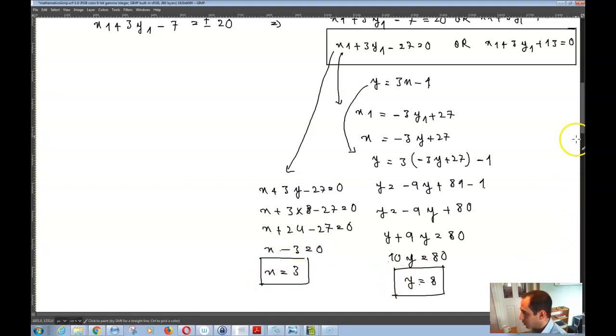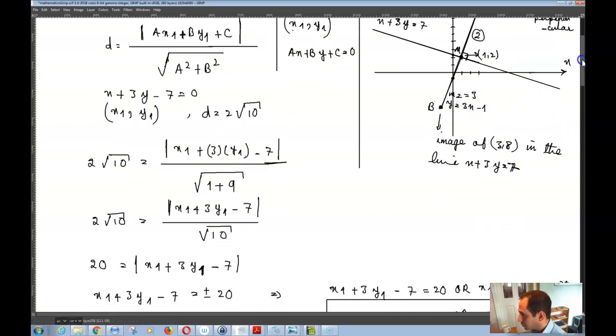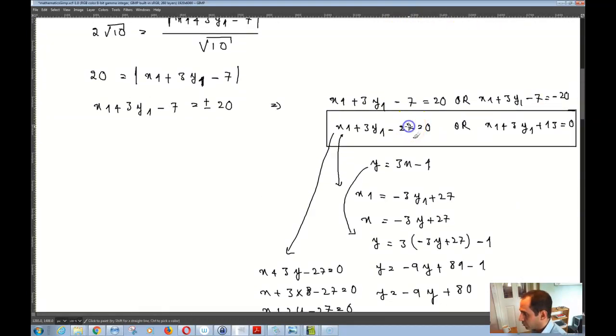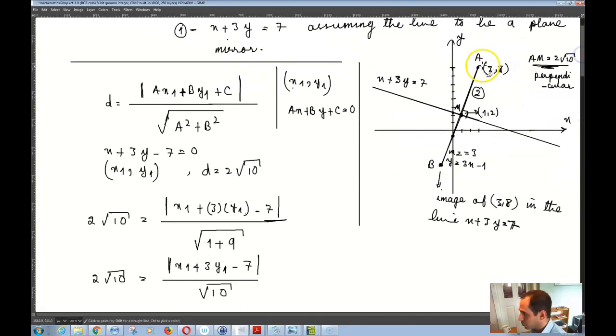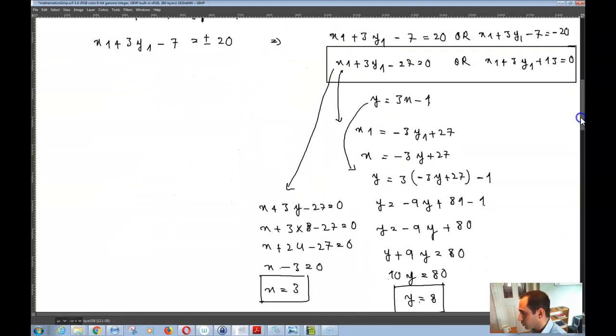So 3 comma 8 is this point over here. I already had it, but it gives me 2 points, because there is one point which satisfies these two equations. I mean, one of these equations is related to this point, and one of them is related to this one, but there is unfortunately no way to know which one. You have to try them.